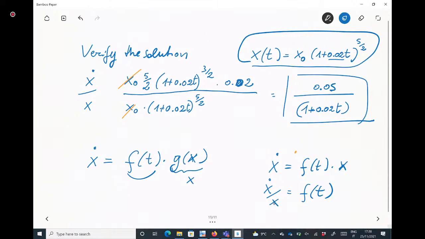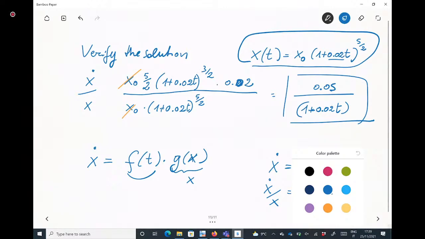So the log of x is equal to the integral of f of t, okay? So x is equal to the exponential of what you get on the right hand side. Clear? So this is, in my view, the most important and most useful type of separable differential equations applied to economics and finance. Okay, so try to focus on these types of equations.